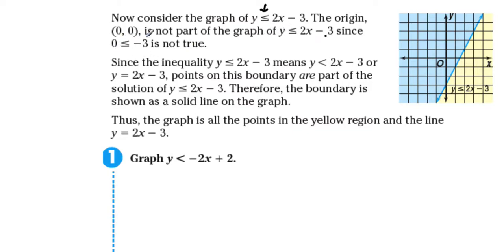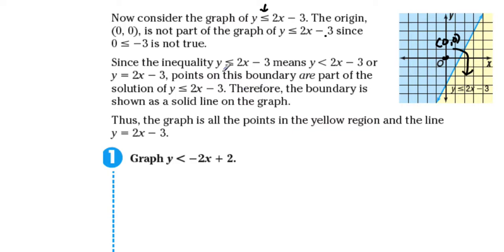So the origin (0, 0) is not part of the graph of y ≤ 2x - 3, since 0 is not less than or equal to -3. What it's saying is if you test the origin (0, 0) and substitute that point into our inequality, it will make our inequality false. So that means anything in the blue region will make the inequality false.